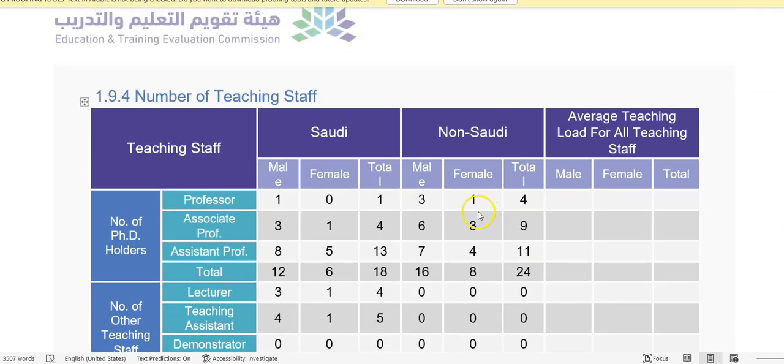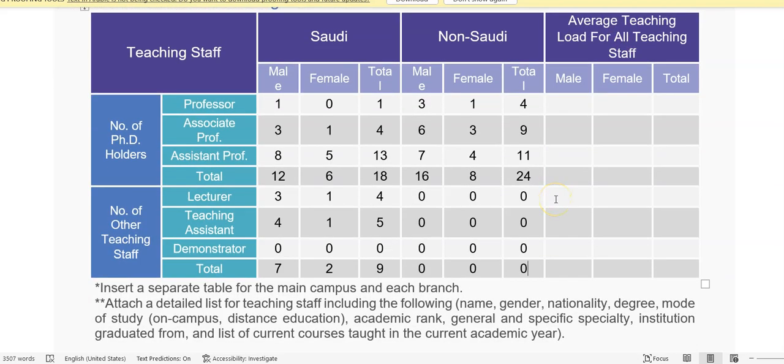Now, if we want to talk about the average teaching load for all teaching staff, you can take the load for 2 semesters and take the average. For example, for all professors, you have 1 and 3, 4 and 5 professors. The average will be, for example, for males 9, for female 8, and the total is 17.